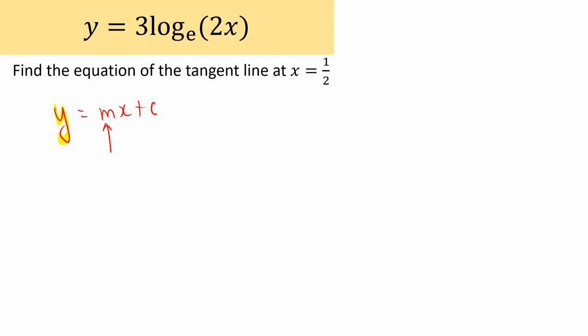I got 0. Should be 0. So when x is half, y should be 0. Yeah, that's 0 equals 3 ln plus c. So c is negative 3. Wait, what's the format? I can't read. It's ln. I was doing 3 times 2 times point, wasn't it? Yeah.